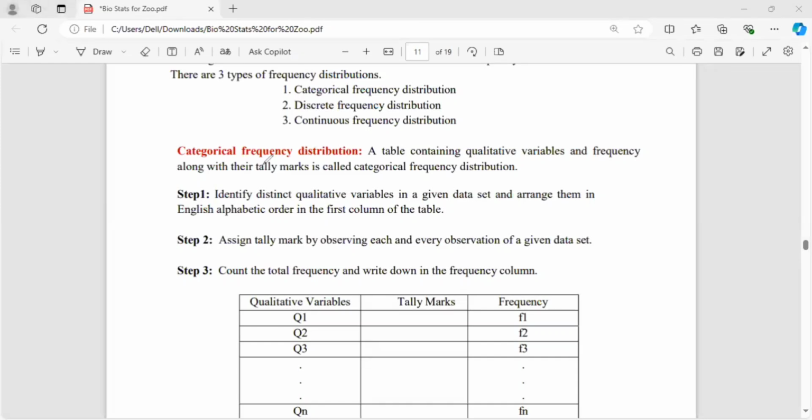Categorical frequency distribution means a table containing qualitative variables, right? So it is helpful to represent only qualitative variables. After that, we have three steps to represent the qualitative data.